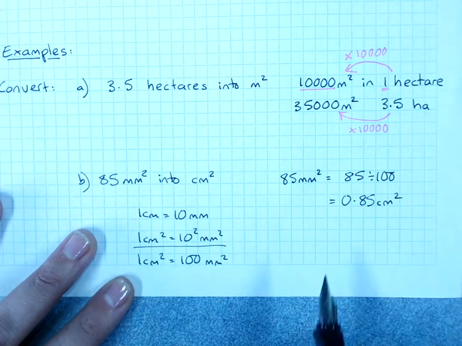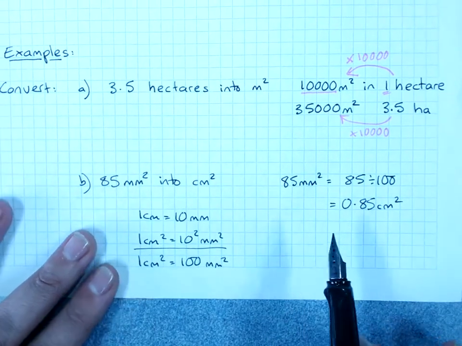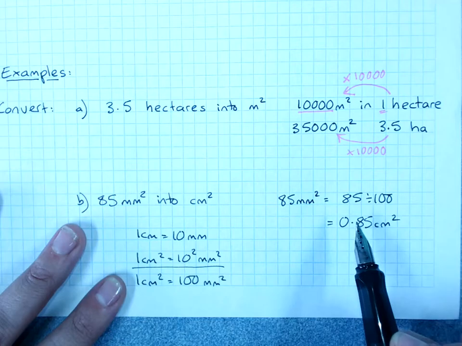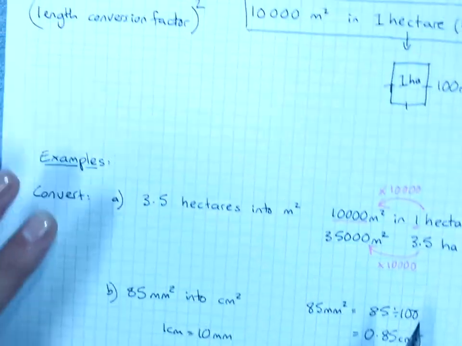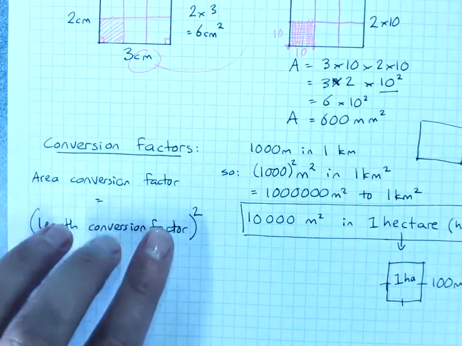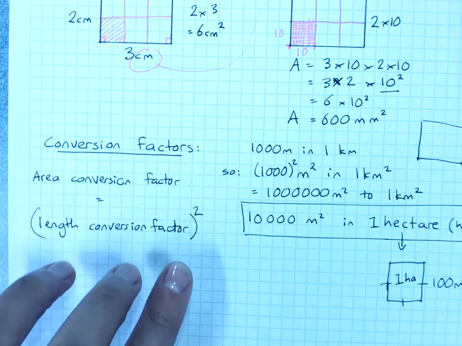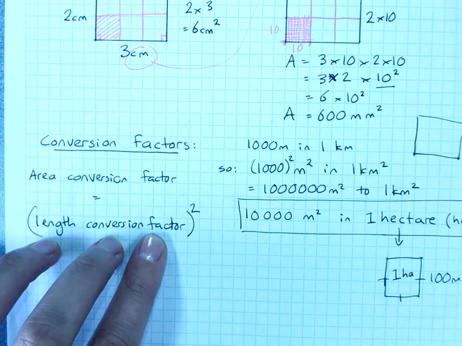So you can show your working like that. It is up to you which type of working you prefer. I really don't mind. You do need to know that you get your area conversion factor by squaring your length conversion factor.